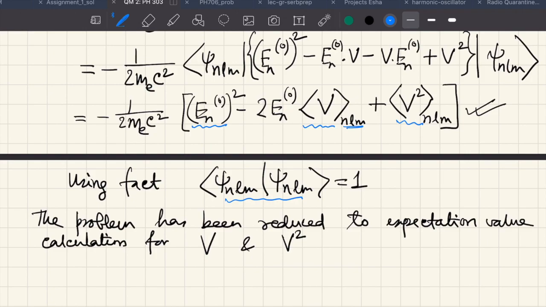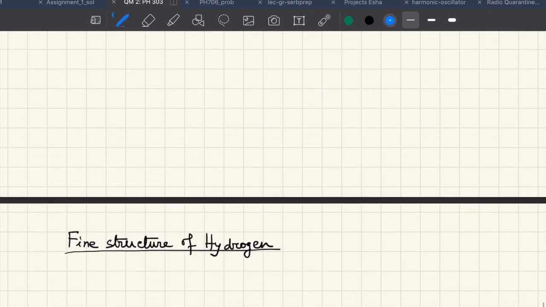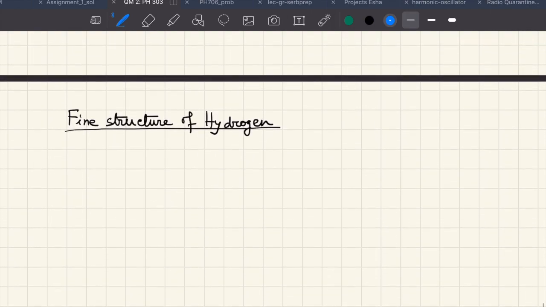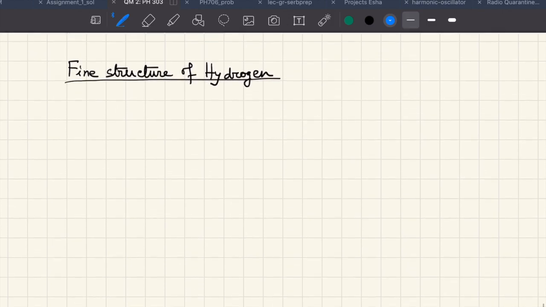So first we have to calculate the expectation value of this potential operator. So how can we calculate that?